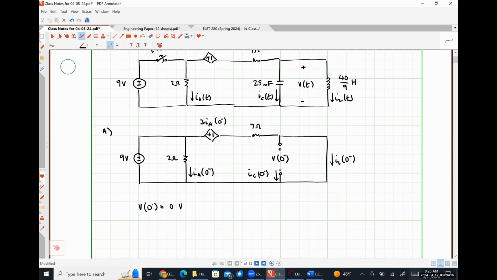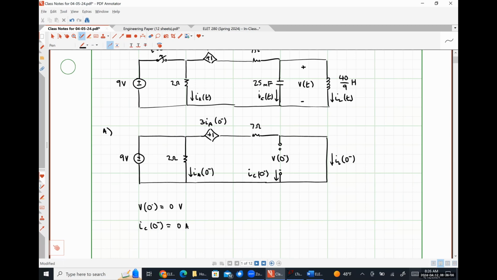So we know that that one is 0 right off the jump. Yep, IC is also 0, because that is the current flowing through an open circuit. So the only thing that we have to really think about per se is IL at 0 minus.